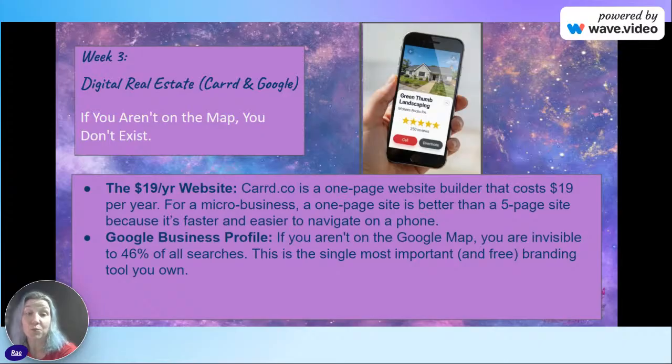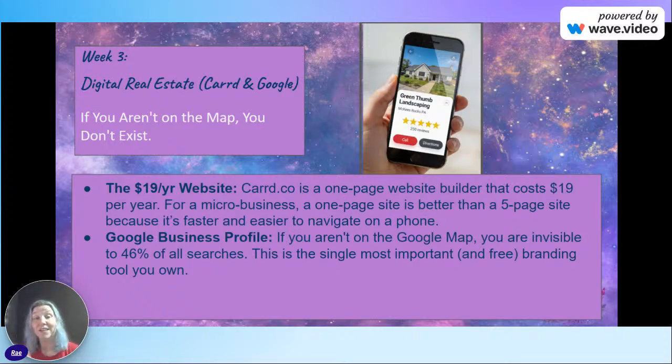Here's the uncomfortable truth about business in 2026. If you aren't on the map or a map, then you literally don't exist. Not to your neighbors, not to your potential customers driving by your storefront, not even to the people actively searching for exactly what you offer.